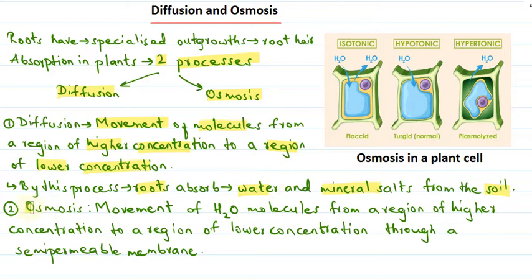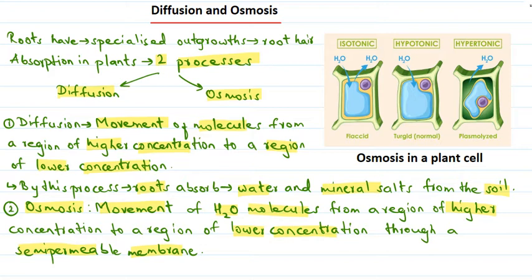Then the next process is osmosis. So what happens during osmosis? Osmosis is the process where molecules like water molecules move from a region of higher concentration to a region of lower concentration through a semi-permeable membrane. Water is absorbed by plants from the soil with the help of roots, and the semi-permeable membrane present on the root hair cells allows water movement from the higher concentration region in the soil to the lower concentration region in the root hair cells.